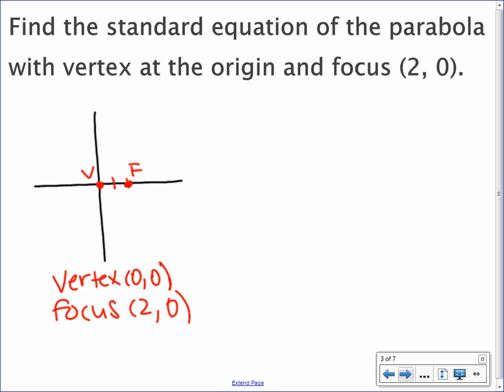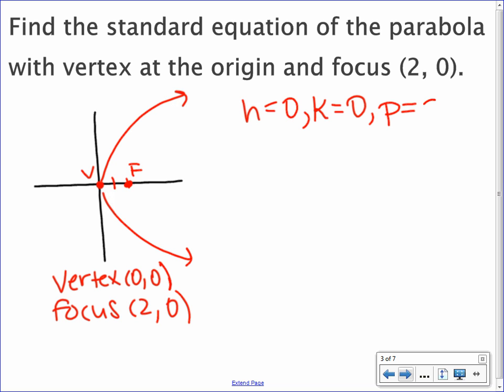So, first of all, what way is this parabola opening? It has to be opening right so the focus is inside. Since our vertex is at the origin, what is h? What is k? And how far away is our focus? So p is 2. Alright?